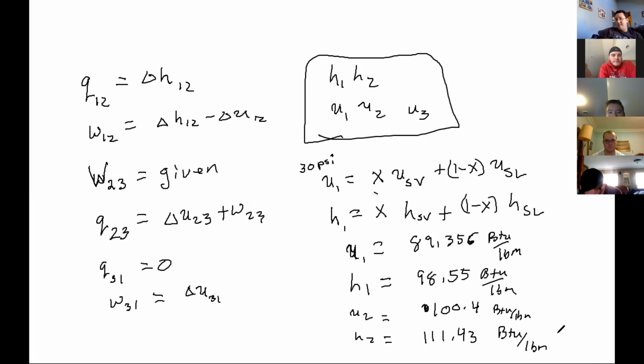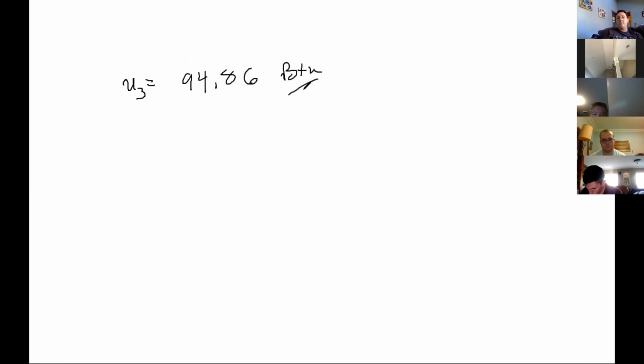Okay. And then for the last numbers, I'm going to need U3. So how do we get that? U3 is 94.86. How did you get that? I looked it up. It's on the saturation curve, right? Yes. And you knew the temperature for that one. Temperature is 40.